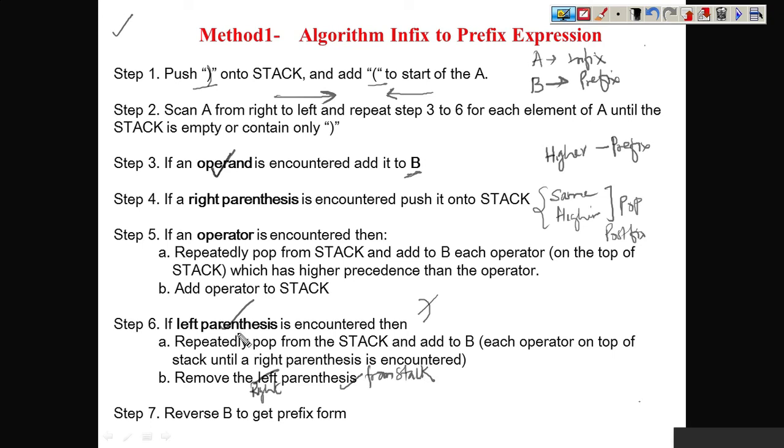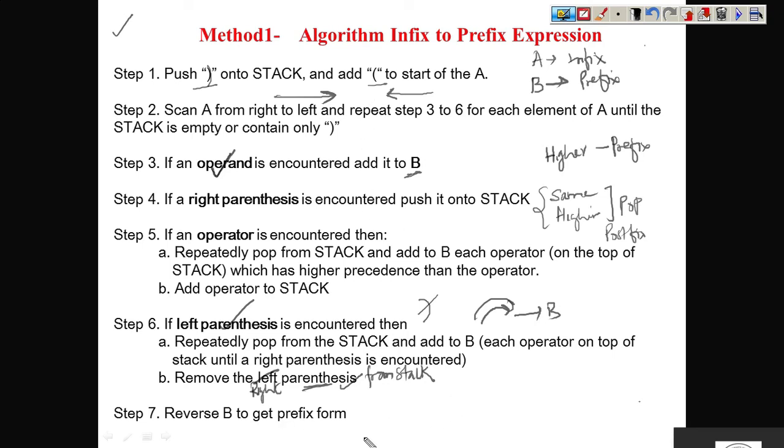So if you encounter a left parenthesis, we look into the stack. If any operator is there, we keep on popping the operator and add it to B, and also we remove the right parenthesis from the stack. And whatever result you are getting, you need to reverse that result to get your prefix form.